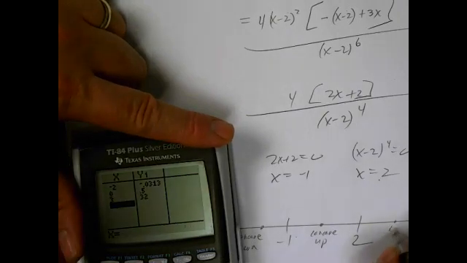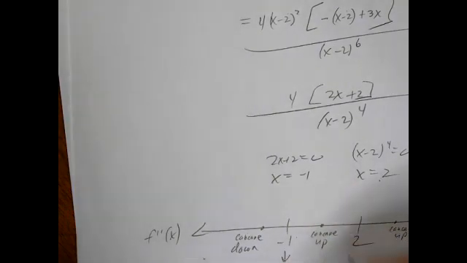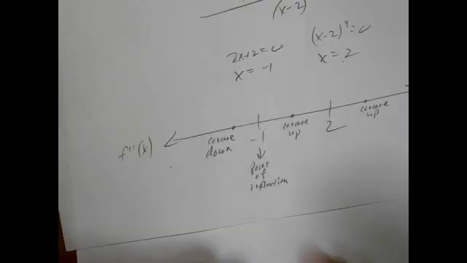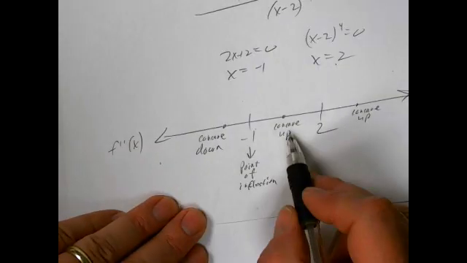That makes it concave up again. Now a point of inflection is defined as a point at which the function changes concavity. So at -1, we will have a point of inflection, meaning the function changed from concave down to concave up.